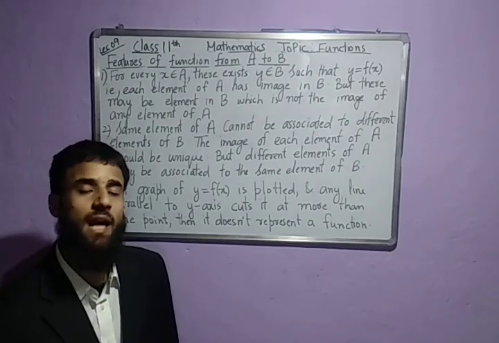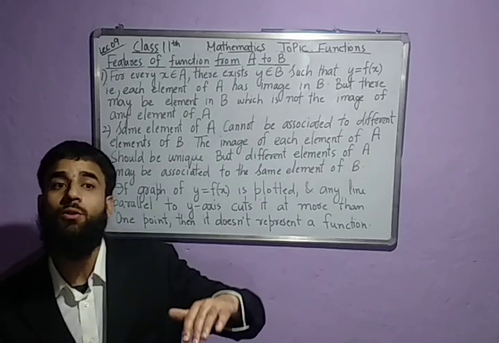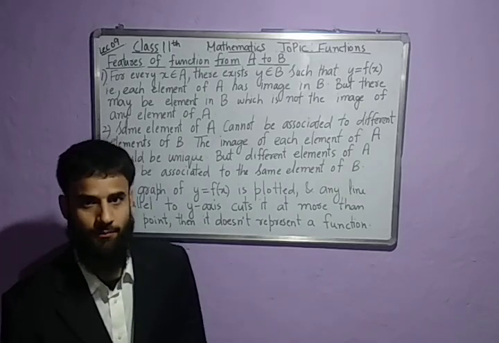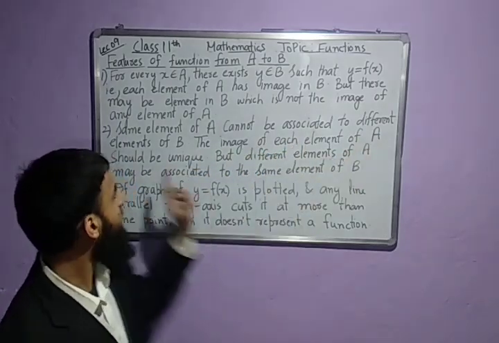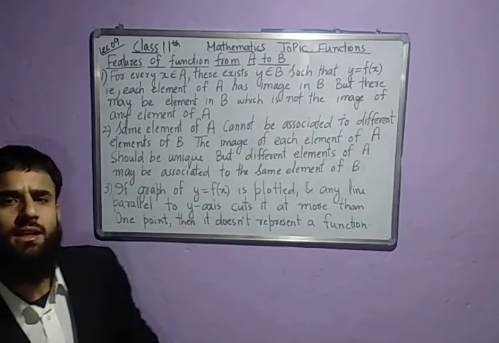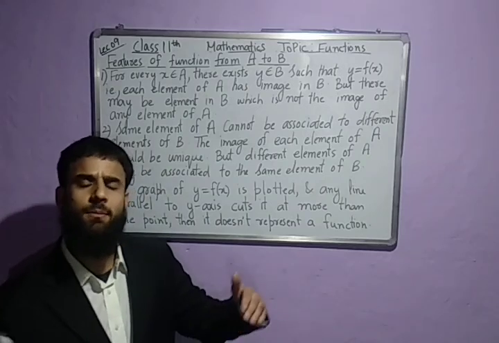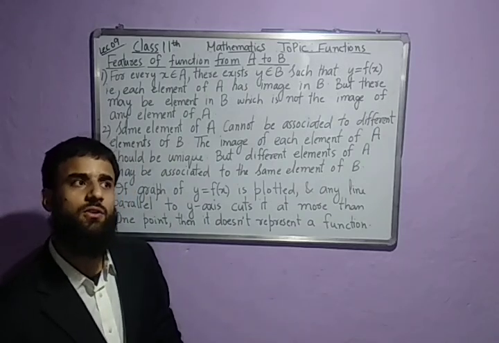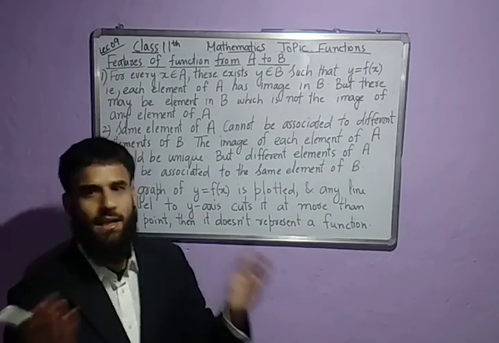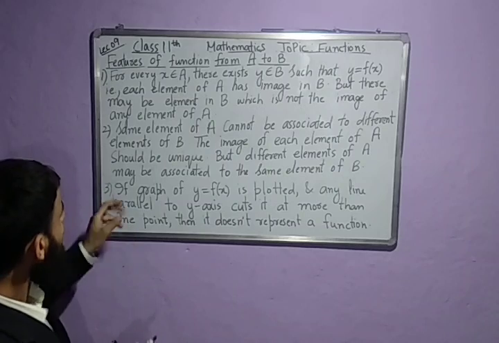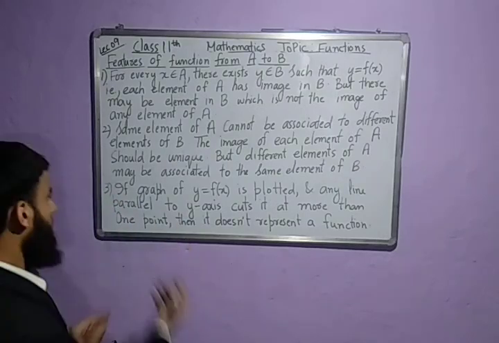It should not be related to two elements at the same time. So the image of each element of A should be unique. But there may be some different elements of A which have the same image, which are related to the same element in the set B. That can happen.